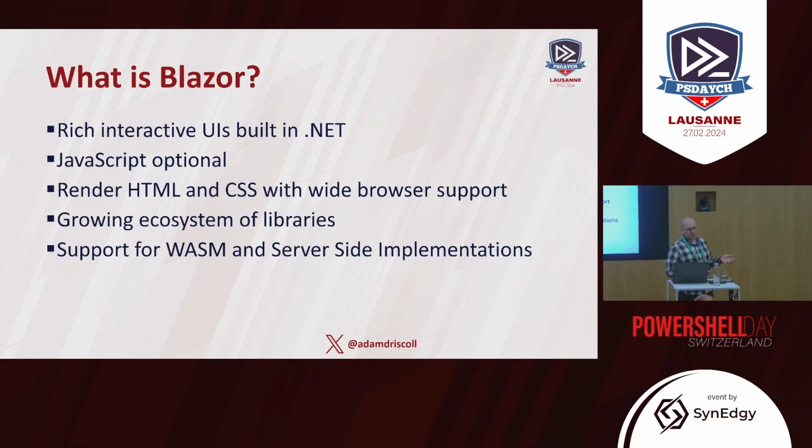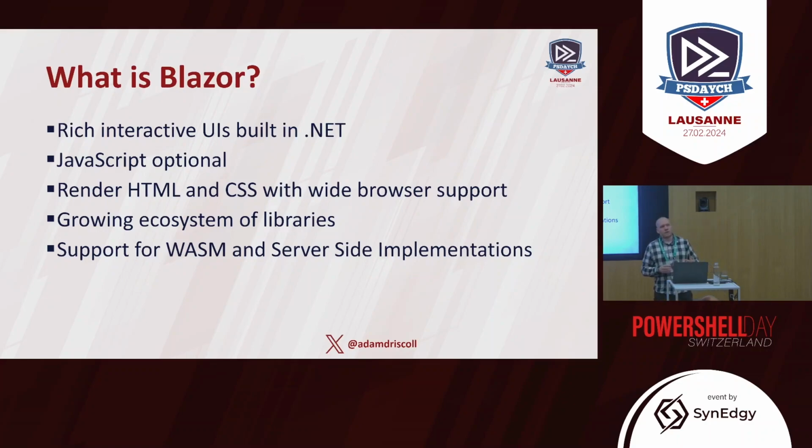What we're talking about today is based on a technology that's come out of Microsoft called Blazor. If you haven't heard of Blazor, it is a new UI framework that they've built into ASP.NET Core to allow you to build UIs, both what they call client-side and server-side, using C# and other .NET languages.